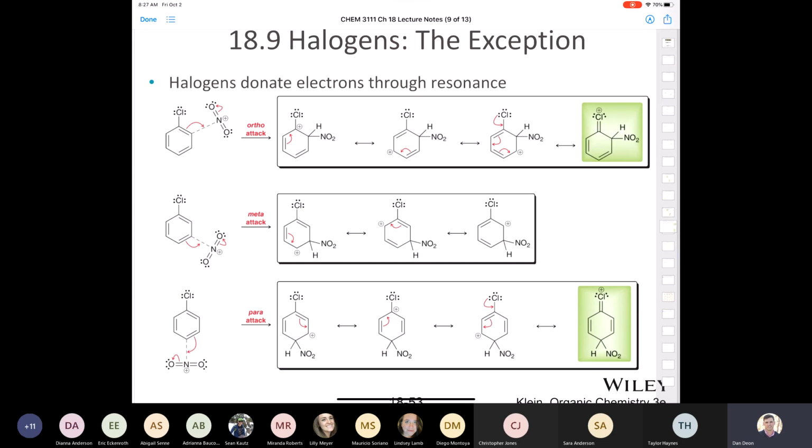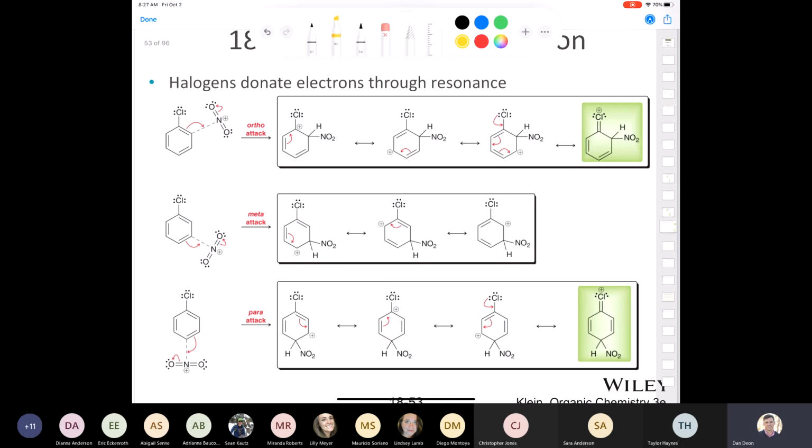However, when you look at the regioselectivity, you see that for ortho and para attack, even though we have a deactivating group, we have one extra beautiful resonance contributor, where we can delocalize that positive charge onto the halogen. And so the activation energy for ortho or para attack is going to be lower than that for meta attack. So that's just an exception. Everybody has to know it.